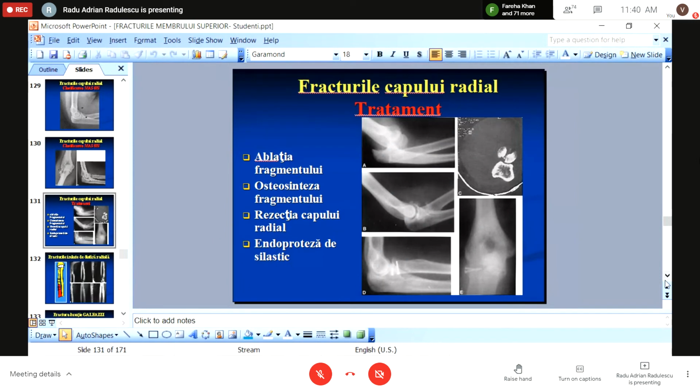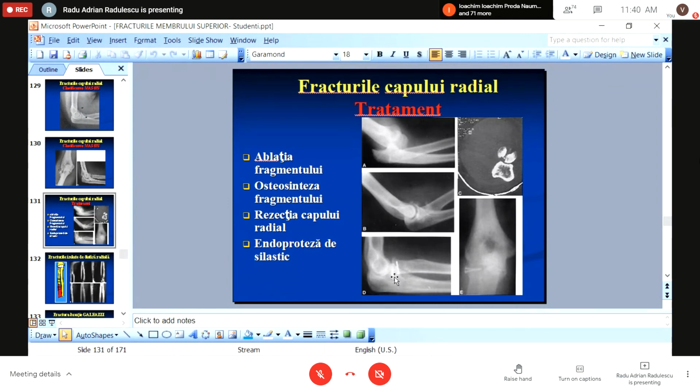Well, all these fractures except the type 1 Mason fracture, which is non-displaced, must be treated by surgery, because like I said before, we need to restore the shape of the articular surface. Here is a type 2 fracture where the fragment was put back in place and was fixed by using two small screws.